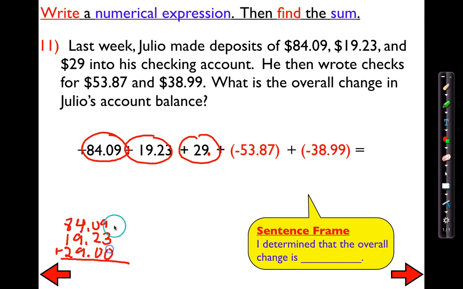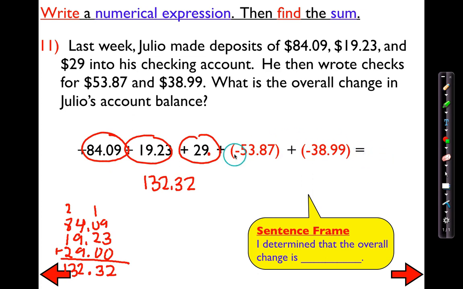So here, putting 0 as a placeholder, 9 plus 3 is 12. 1 plus 2 is 3. Bring down the decimal. Here, this is 18. 18 plus 4 is 22. 2 plus 8 is 10, plus 1 is 11, plus 2 is 13. So there is $132.32. That's positive.